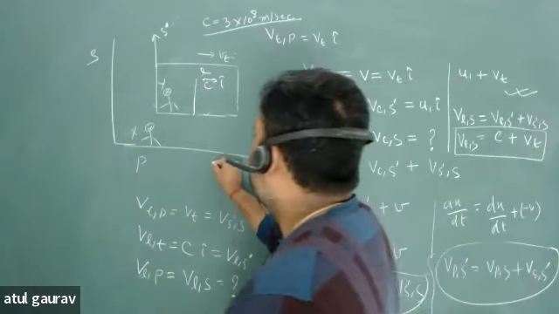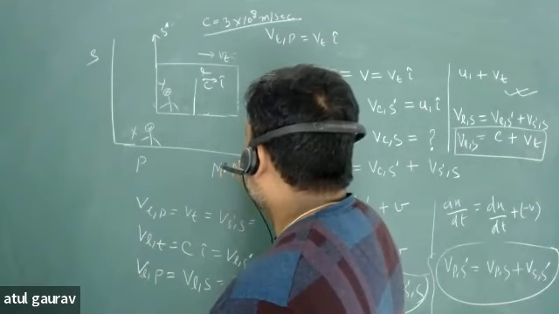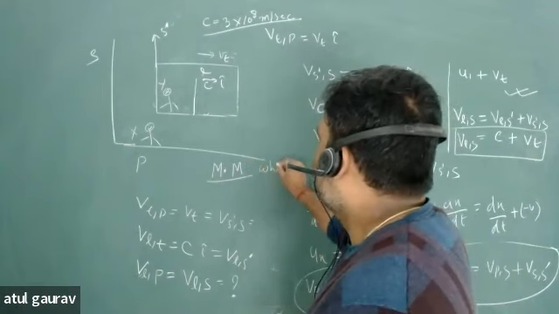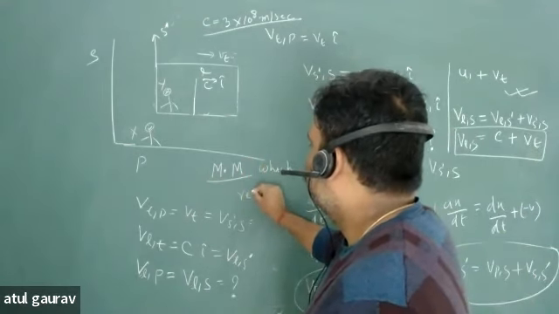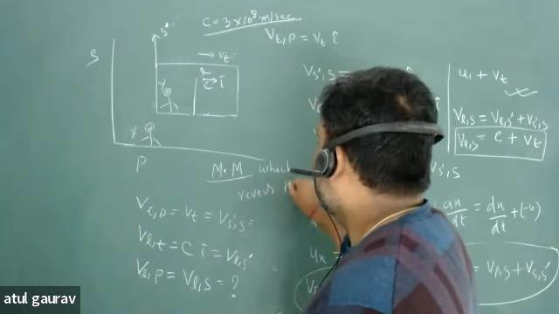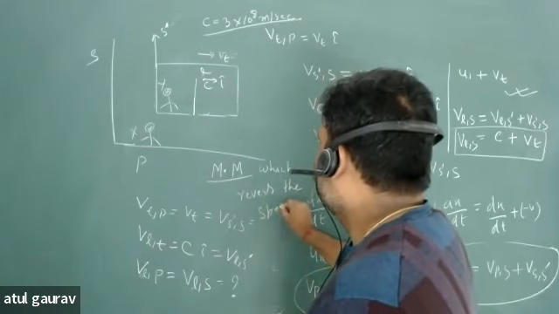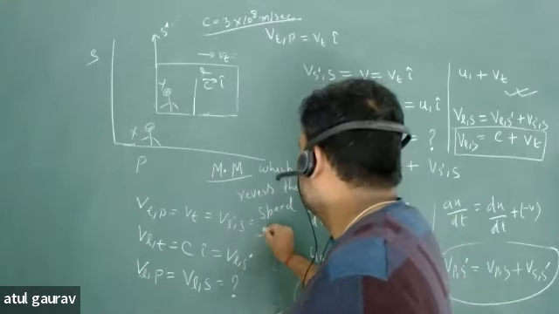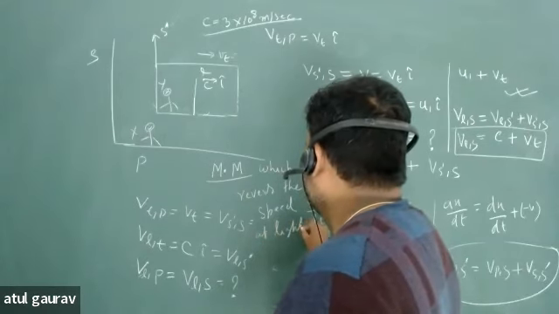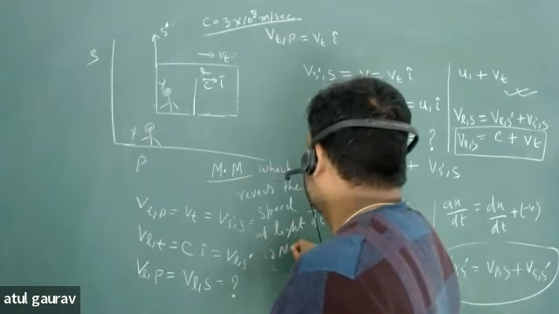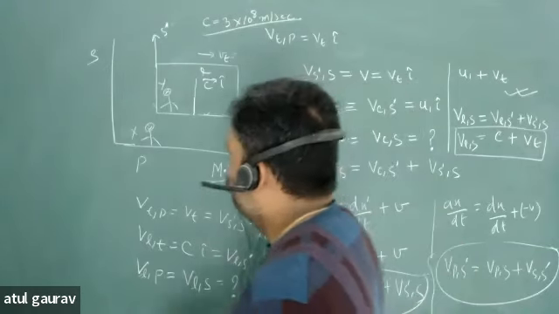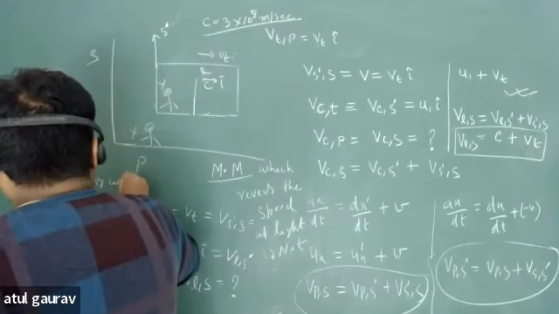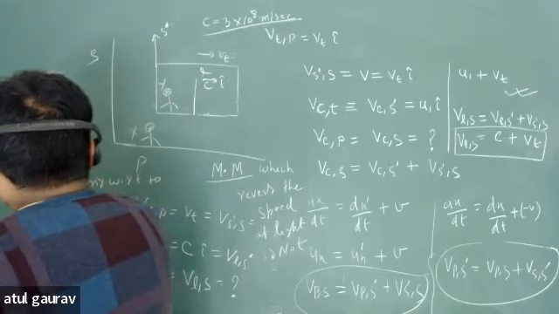There is one experiment, the Michelson-Morley experiment, which reveals that the speed of light, speed meaning I am talking about the magnitude, is not changing with respect to any inertial frame.